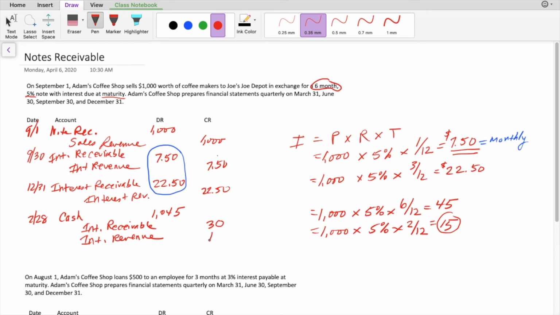And so my interest revenue for January and February is 15. So that's how I would record the transactions for this note. I have to record my accrual of interest, September and December, right? Those are my accrual entries. And then I can record the cash that comes in when the maturity date of February 28th comes.